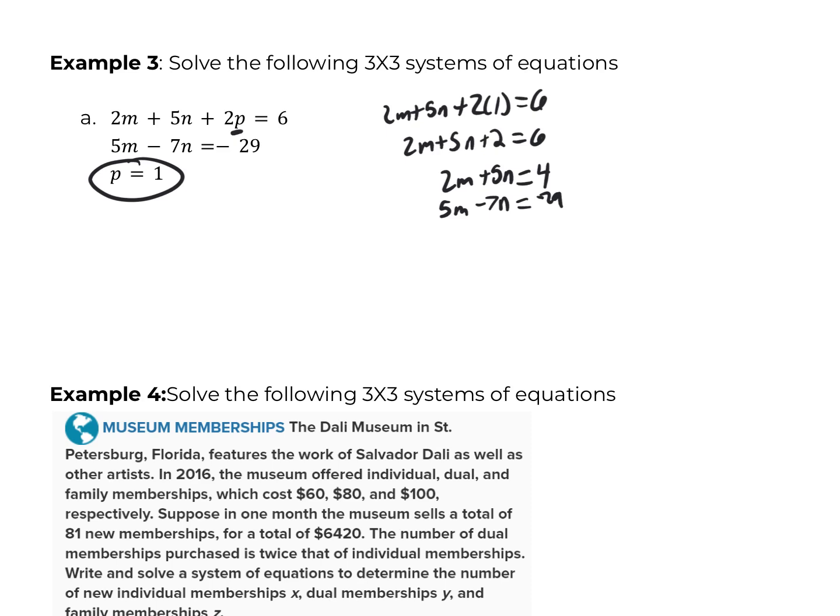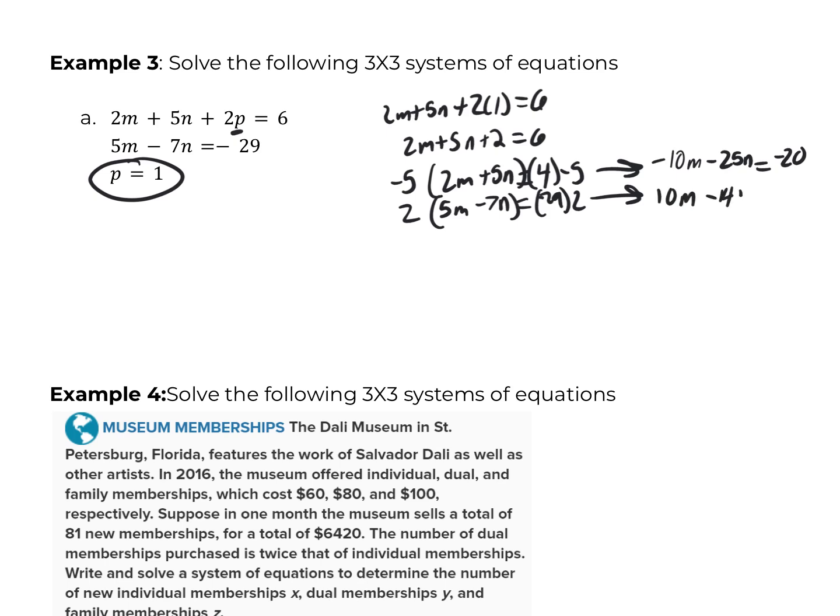I only have to multiply it by 2. So let's multiply the top by negative 5, the bottom equation by 2. Alright, bring those over here. So that becomes negative 10m minus 25n equals negative 20. And then this is positive 10m minus 14n equals negative 58.